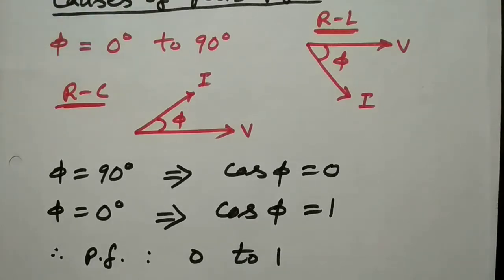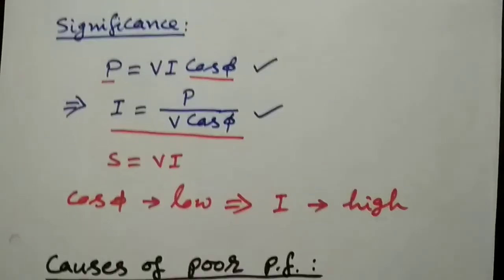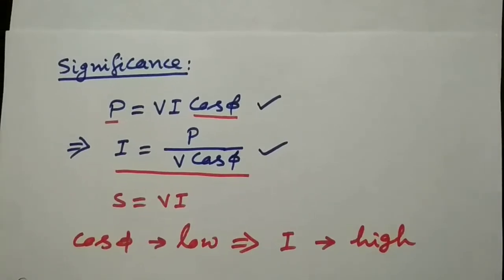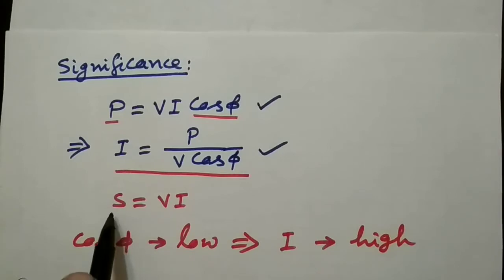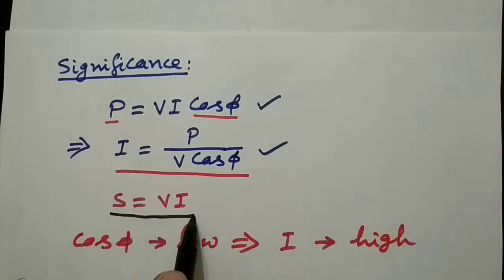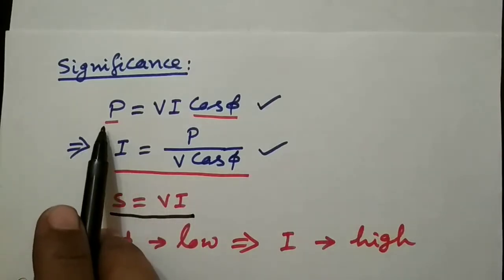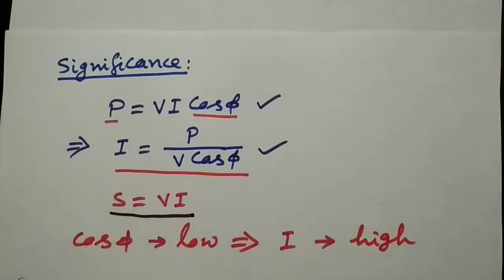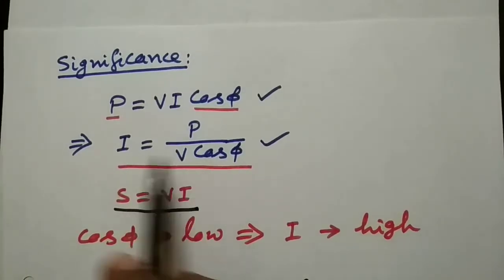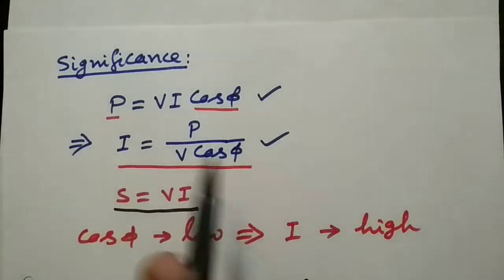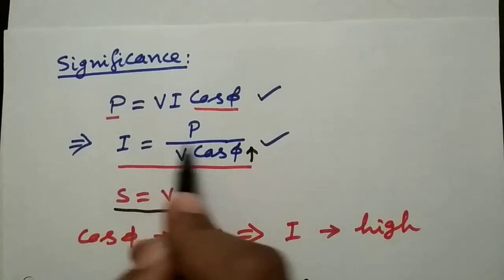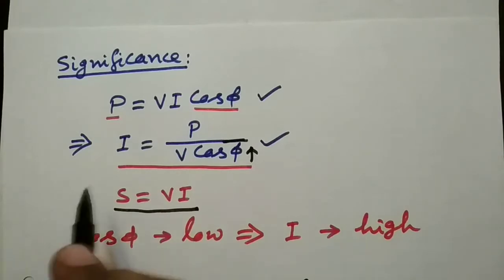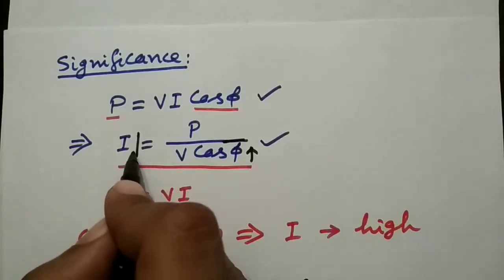As we have seen from the significance of the power factor, if the power factor is higher, then for a particular system we get more power for utilization. Similarly, if the power factor is higher, then for a constant supply voltage and a constant amount of power, the current required will be less.